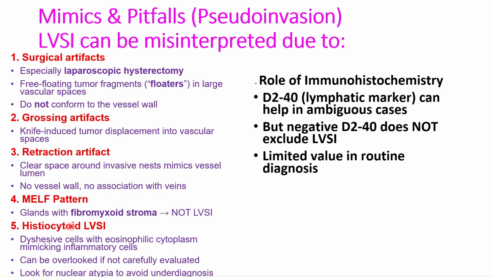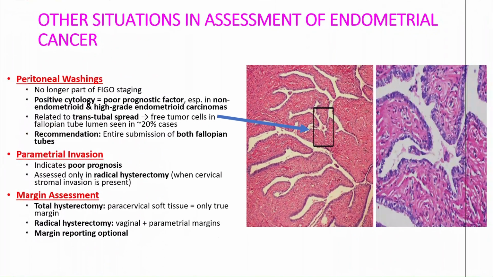So whenever there is abundant eosinophilic cytoplasm and atypical or malignant nuclear features, we have to think of lymphovascular invasion. D2-40, which is a lymphatic marker, may sometimes be helpful whenever there is a dilemma, but negative D2-40 does not exclude invasion. So routinely it has limited value.